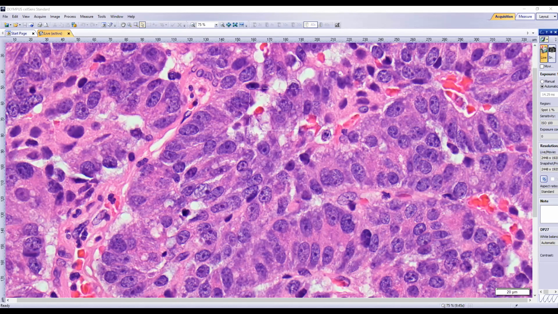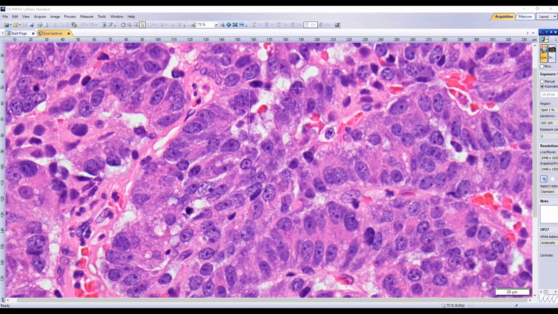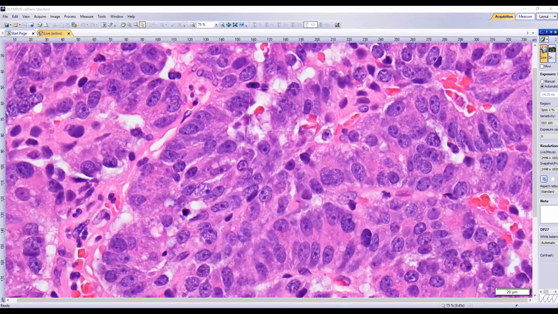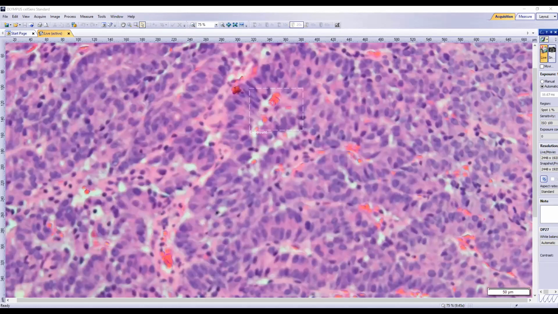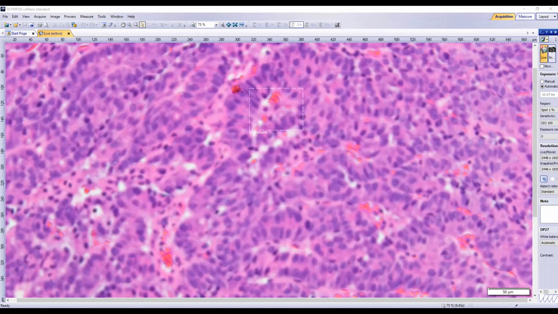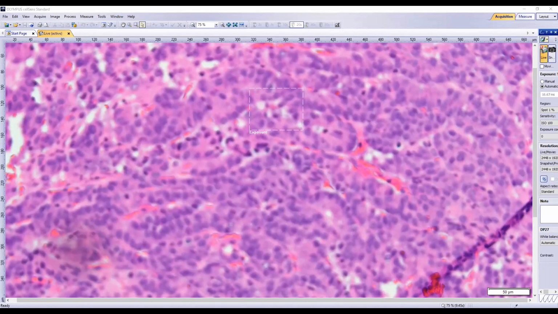Okay. But the cytoplasm is not that abundant, right? Like a hepatoid or hepatocellular carcinoma. The nuclei are more prominent than the cytoplasm here, no? Yeah, true. Because if it's an HCC, usually cytoplasm is more prominent.